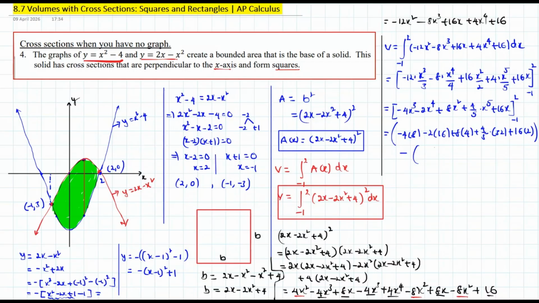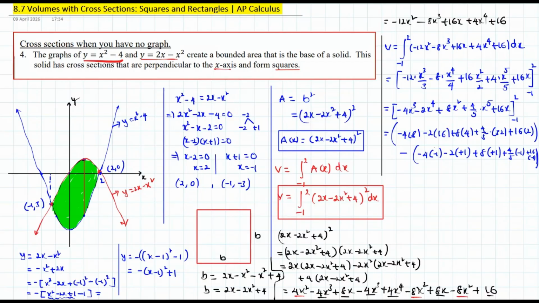When you plug in the lower limit: negative 4 times negative 1 whole cubed, which is negative 1, minus 2 times negative 1 to the power 4, which is just positive 1, plus 8 times negative 1 squared, that is positive 1, plus 4 fifths times negative 1 to the power 5, which is negative 1, and plus 16 times negative 1. So this is the lower limit.